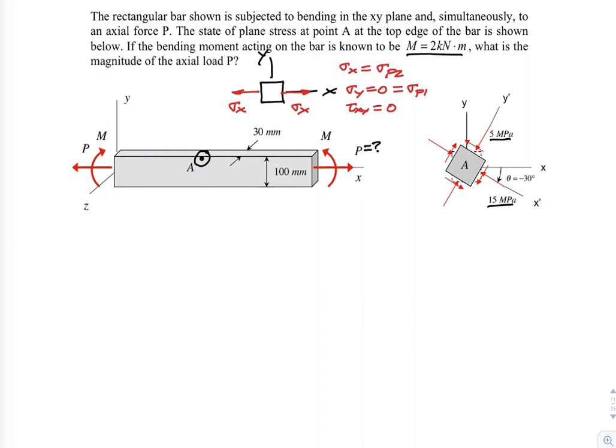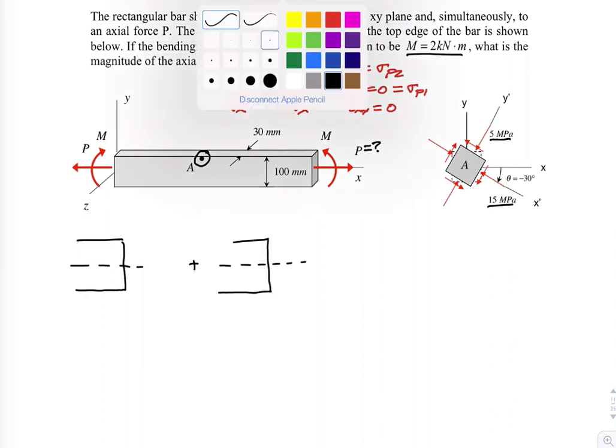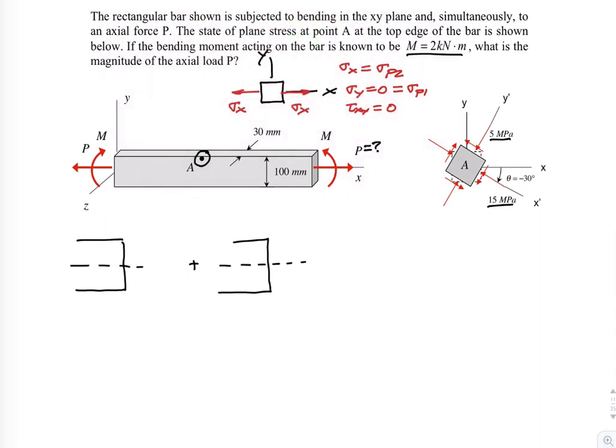The other part of this is that if we look at the normal stress, it's going to be made up of two parts. So it's a combined state of stress. The components are very basic. We have a bending, I should say a flexural stress, which is going to be minus My over I. We'll define those terms and give as many numbers there as we can in just a bit.